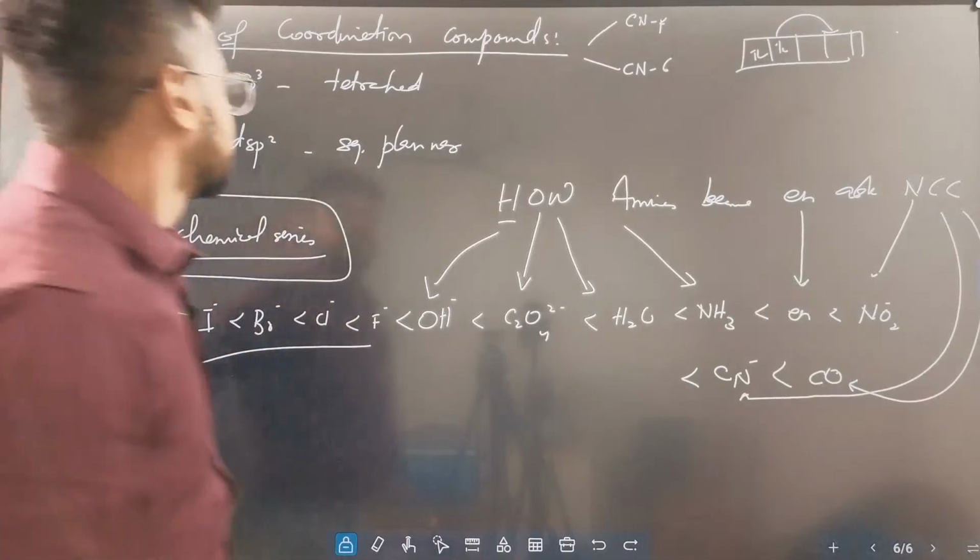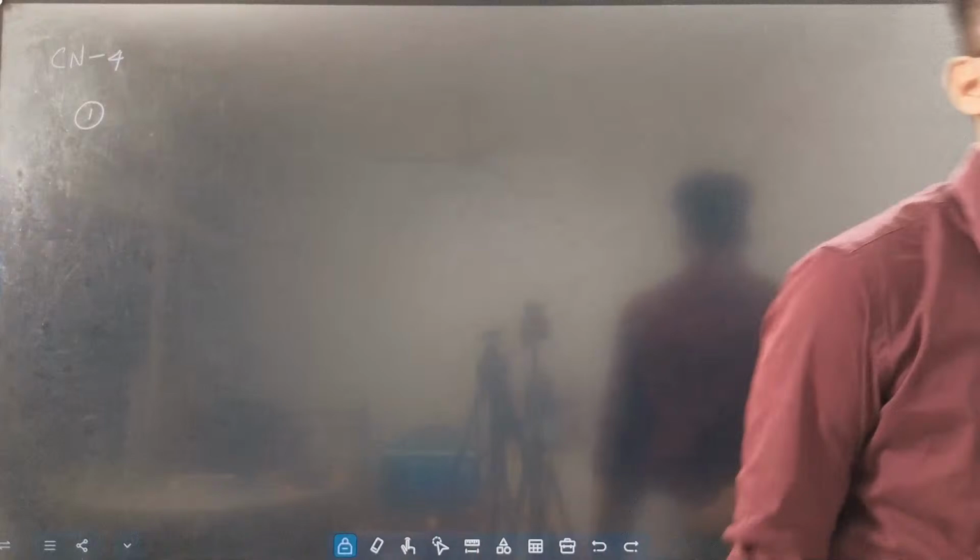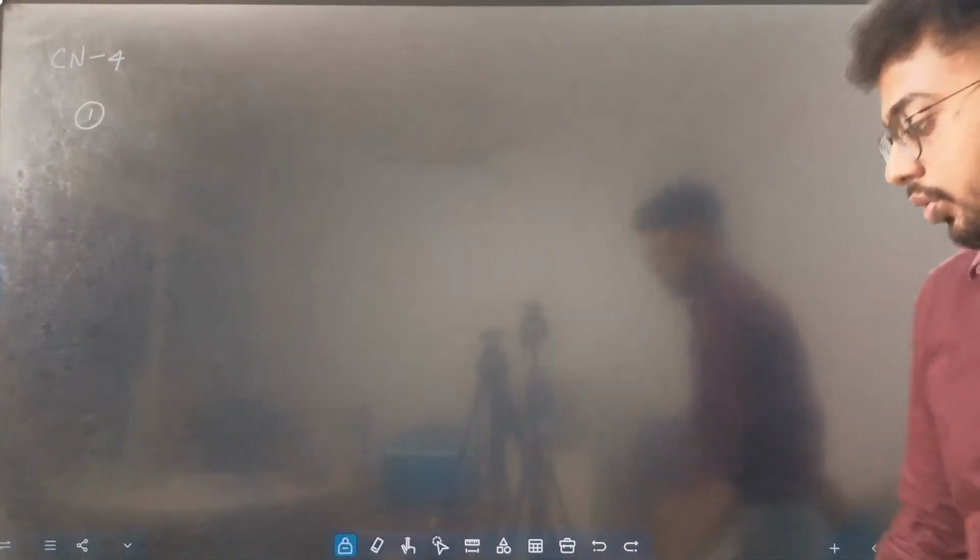Okay, so we'll move on to how to find the hybridization. For coordination number 4, we have a set of rules. If you want, you can copy them down also. I'll write the rules.